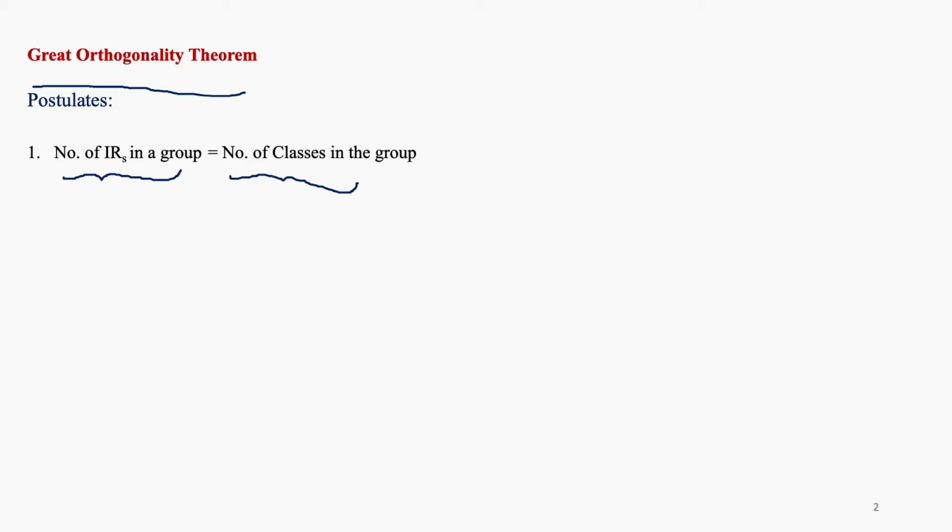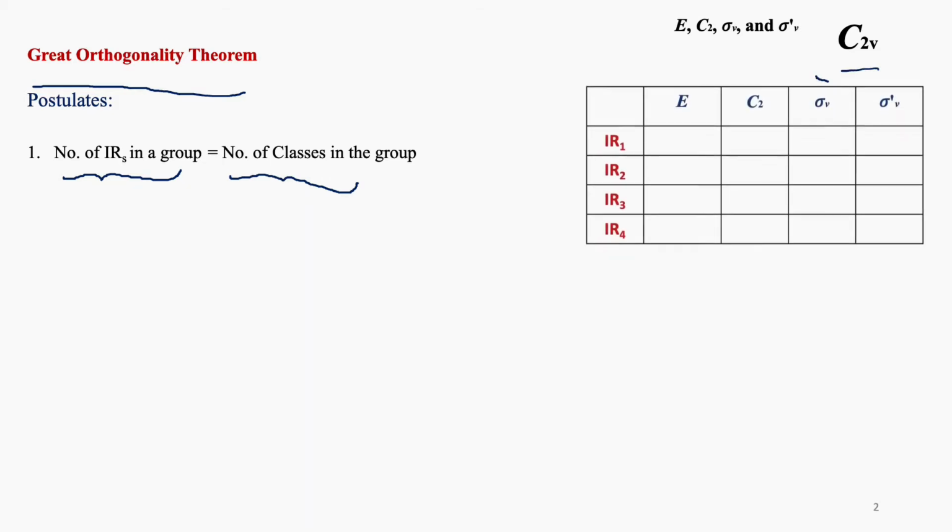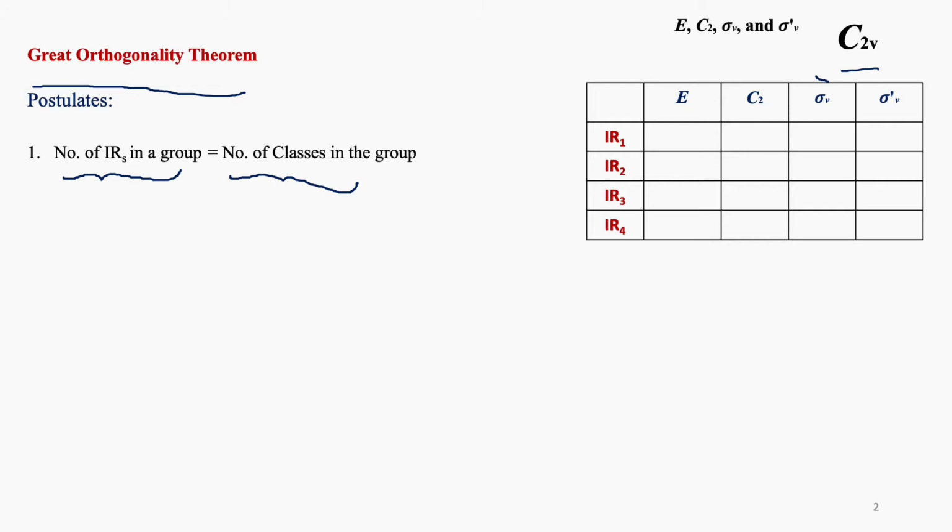So if we are considering this C2v point group which is given in the question, the character table will be like this. It has four symmetry elements: E, C2, sigma v and sigma v dash. So these are the four columns of this character table, and these columns represent the number of classes in the group.